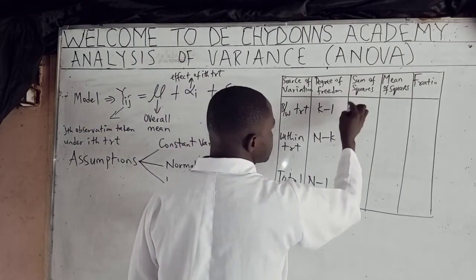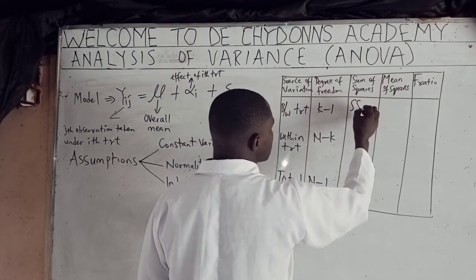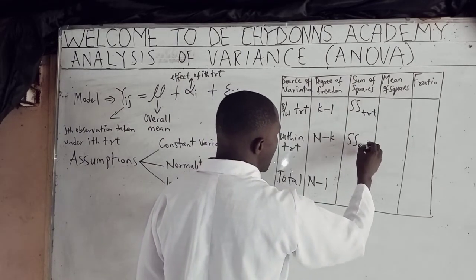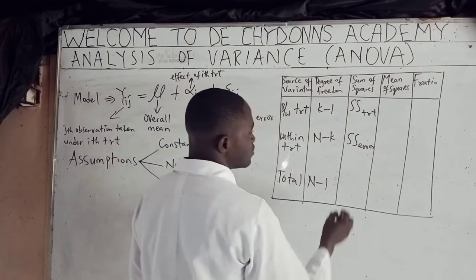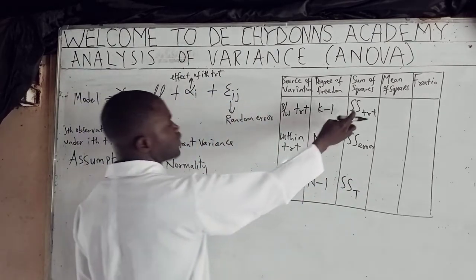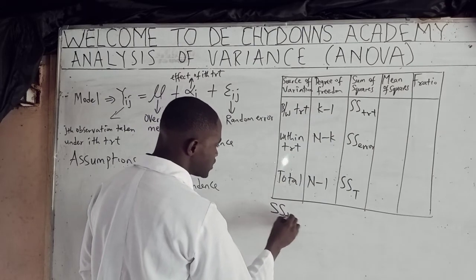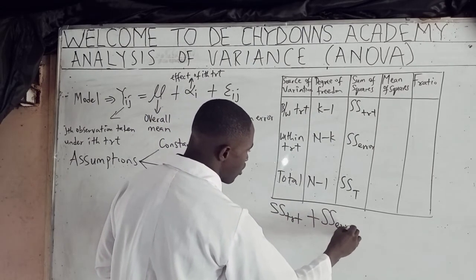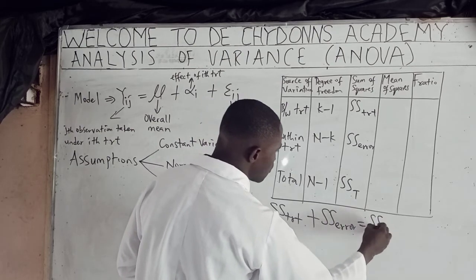For sum of squares, we will have sum of squares of the treatment, sum of squares of the error, then sum of squares of the total. That means sum of squares of the treatment plus sum of squares of the error will give you sum of squares of total.